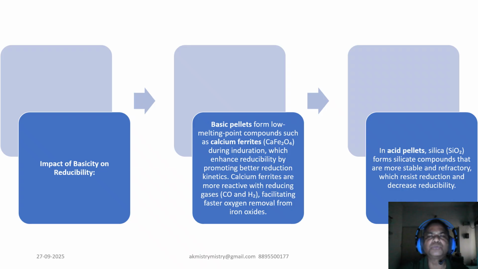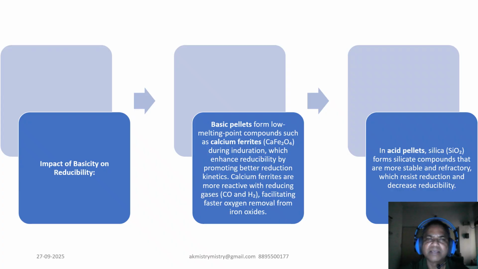Now coming to the porosity and softening melting zone, the increased porosity in the basic pellet enhances the gas permeability and allows reducing gases like CO and H2 to penetrate deeper into the pellet and react more effectively with the iron oxide.